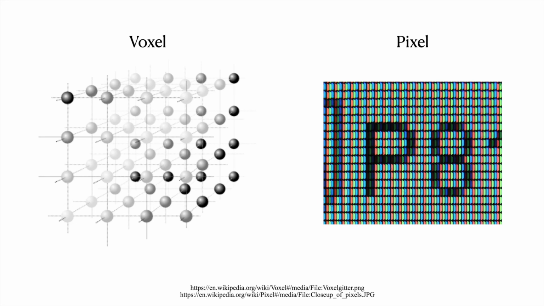By the way, a voxel is basically a single data point in the 3D space, as pixels are the building blocks for 2D images. Voxels can also be the building blocks for 3D objects. So a voxel is actually very similar to the pixel, except that one exists in the 2D space while the other one exists in the 3D space.